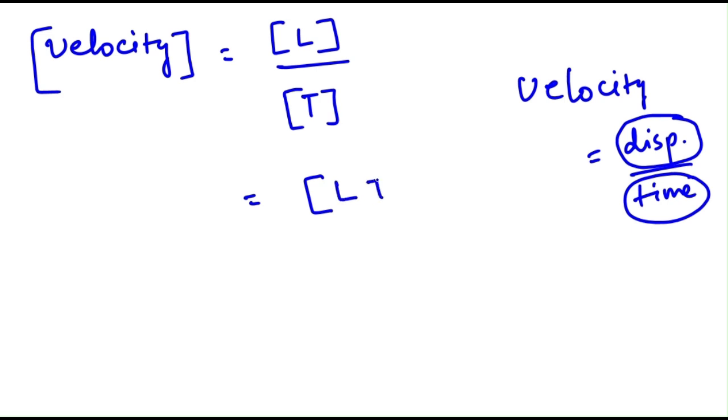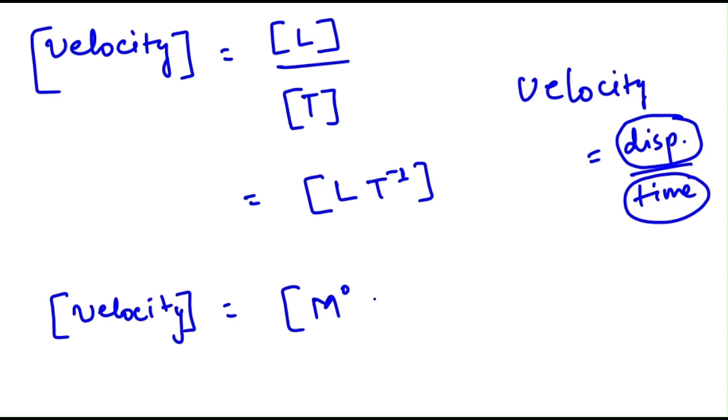It can be written as L T to the power minus 1, or T inverse. If we are including mass also here, then we have velocity M0 L T to the power minus 1. That is, velocity possesses zero dimension in mass, one dimension in length, and one dimension in inverse time.